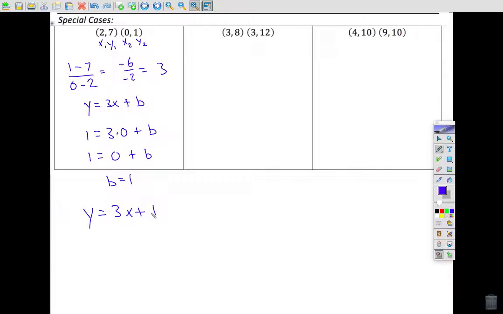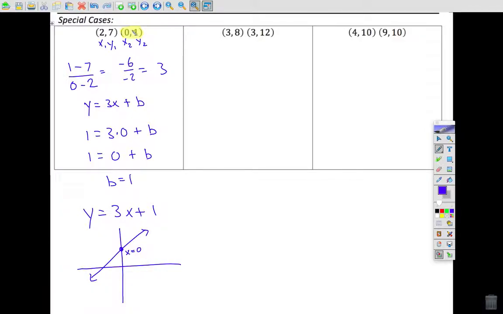The reason you don't actually have to solve for this is that 0, 1 gives you the y-intercept without you having to do any work. If you think about any line on a graph, the y-intercept is always at the y-axis, which is where x equals 0.